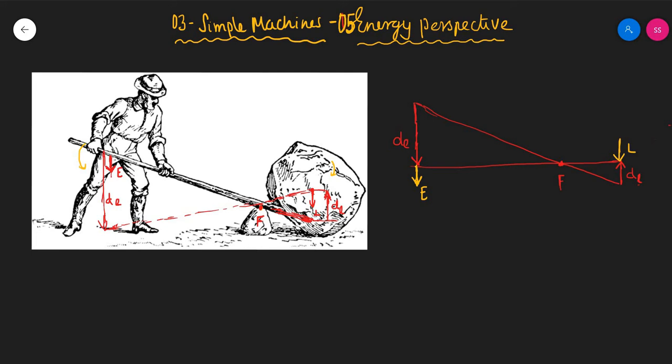So let's imagine that you have this load which is being lifted up by a distance dL, and on this side your effort arm is moving down by a distance of dE. This whole scenario can be represented in a simple picture as shown here.